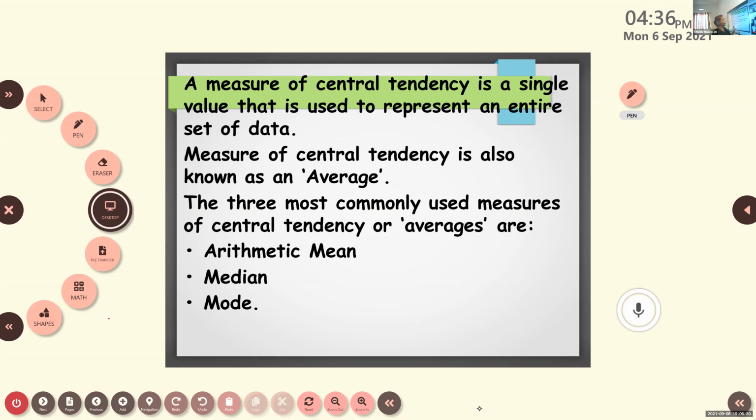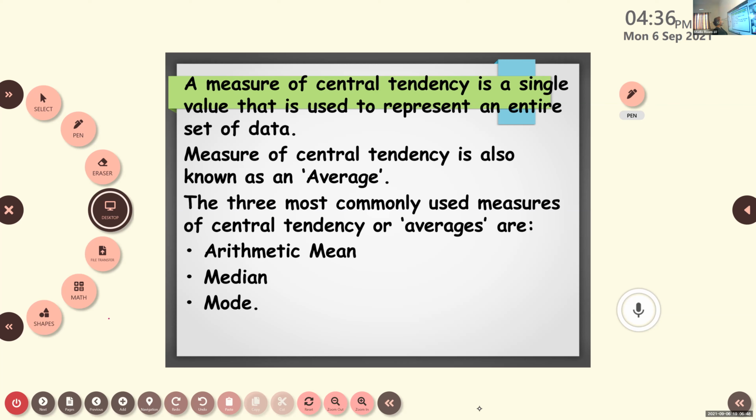Now here how we are doing that is different. We are going to find out one single value, and that will be representing the entire set of data. That is what we mean by measure of central tendency.